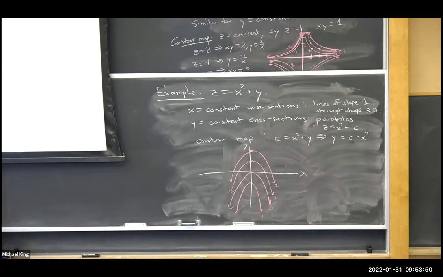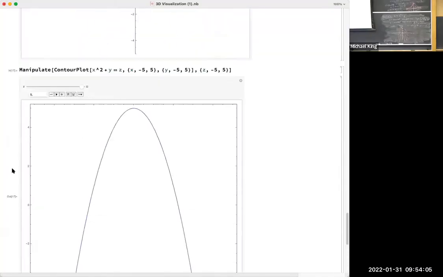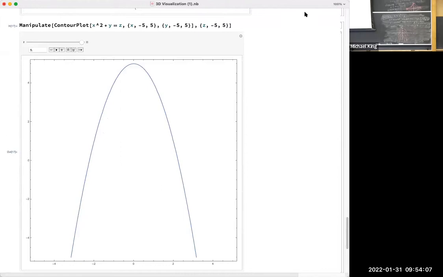Here, let me get some code. Oh, let me switch back to the share also. Okay. I really should just be pausing the share, not unpausing the share. That's probably the smarter thing to do.